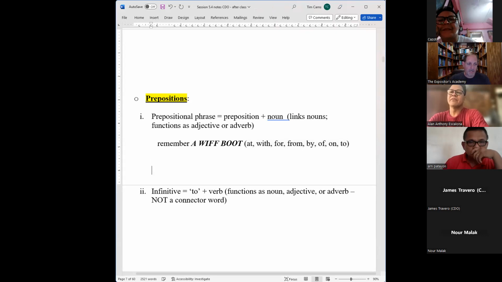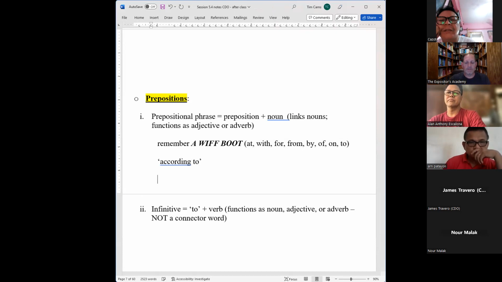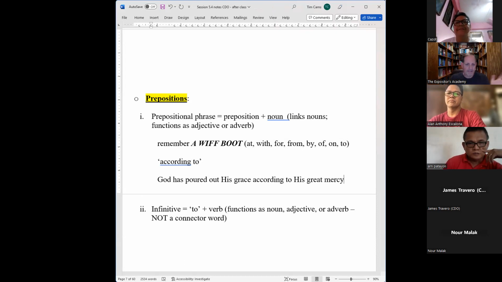Okay. Now, there's a couple of others, one in particular, and I see this commonly misunderstood: according to. Okay, according to is a preposition. So, for example, God has poured out his grace according to his great mercy, or something like that.